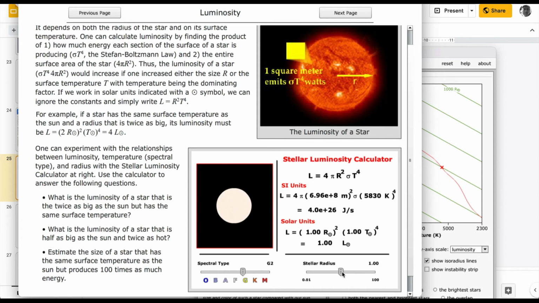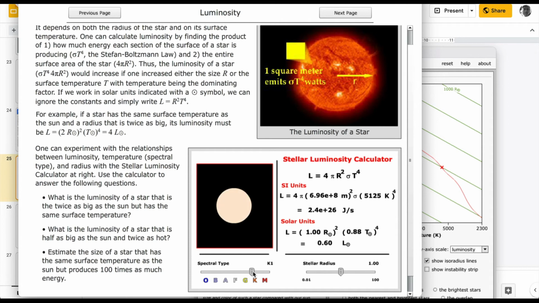And here I can change the size of the star. And if I want it to be the same radius as the sun, I make this 1, not 1.1. And so you can, with this gadget, change either the 4 pi r squared or the sigma T to the fourth.